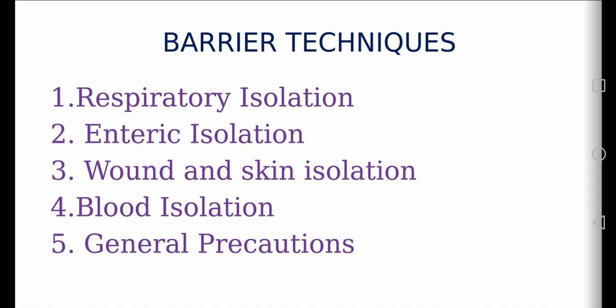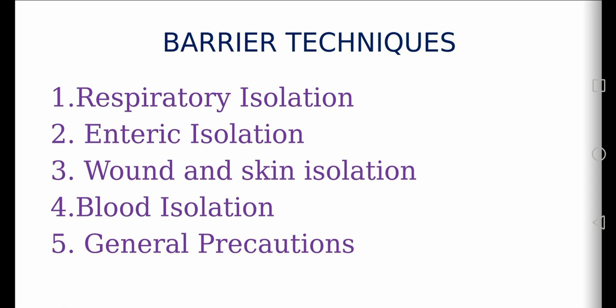The last barrier technique is general precautions. Here, first one is to maintain a high degree of cleanliness. Next is health teaching about the disease transmission. Next is to restrict visitors. Next is to emphasize on hand washing.